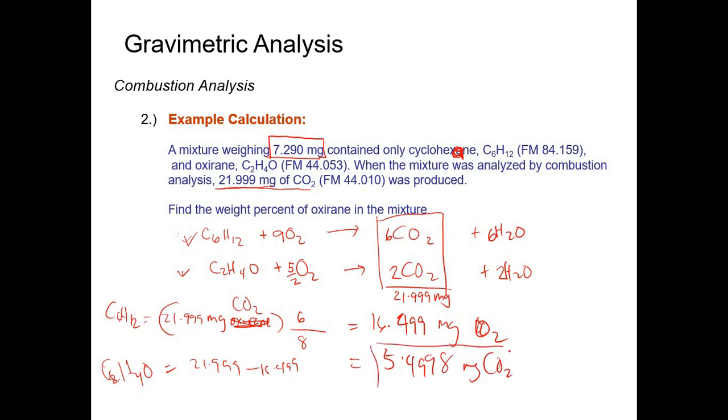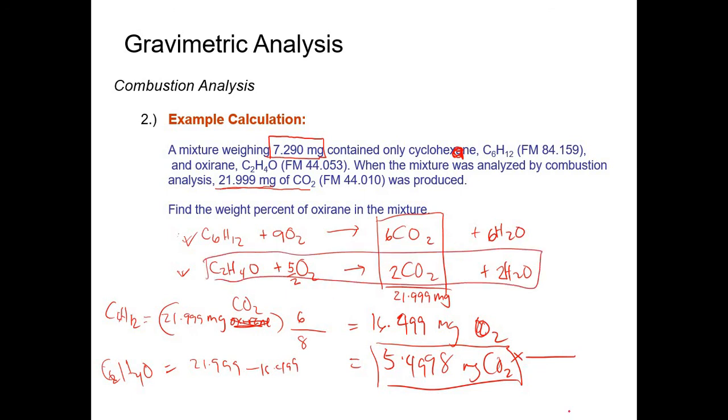So you can use this to calculate the amount of oxirane. If you have 5.4998 milligrams of CO2 from oxirane, you use the molar mass of CO2 in milligrams per millimole, times 2 millimoles of CO2 for every 1 millimole of oxirane.